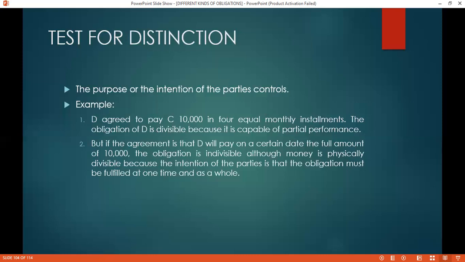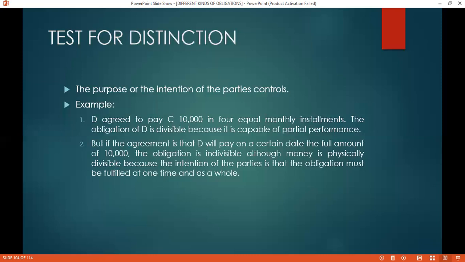D agreed to pay C 10,000 pesos in 4 equal monthly installments. As you can see, the 10,000 pesos, if it is payable in 4 equal monthly installments, then you can say that this is a divisible obligation because pwede mong paghati-hatian yung 10,000 pesos, right? In 4 monthly installments. Then, the obligation of D is divisible because it is capable of partial performance.